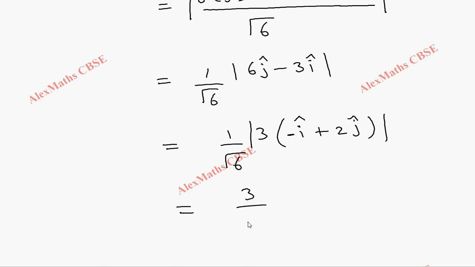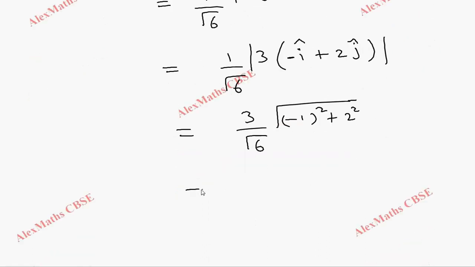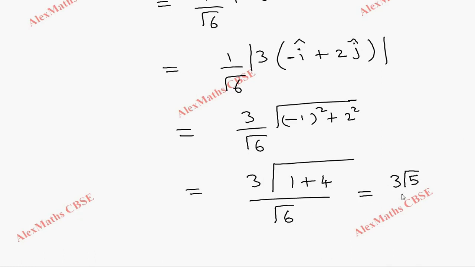Now 3 by root 6 can be kept separately. In the root, the coefficient of i cap is minus 1, we have to square this for finding the magnitude, and j cap is 2, so we have to square. So finally this is 3 root of 1 plus 4 by root 6. On simplifying this, 3 root 5 by root 6. Since it is a distance, we represent this value in units.